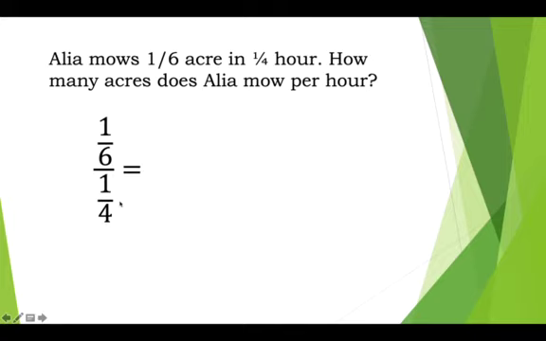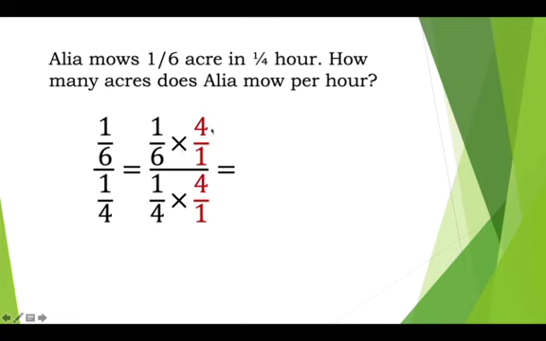So you need to multiply the numerator and denominator by the reciprocal of the denominator: 1 over 6 times 4 over 1, over 1 over 4 times 4 over 1, which will be 4 over 6 over 1. Again, you can simplify 4 over 6, which will be 2 over 3.